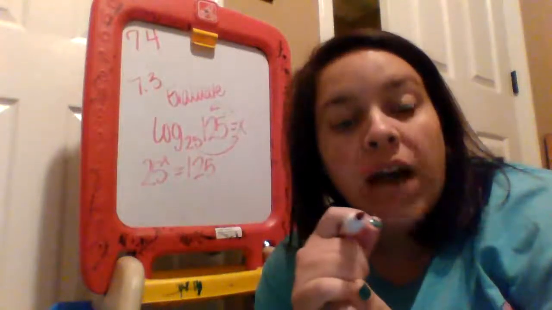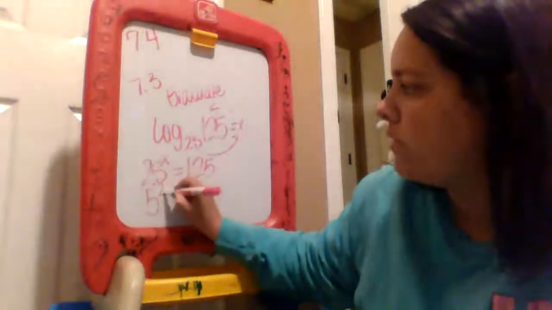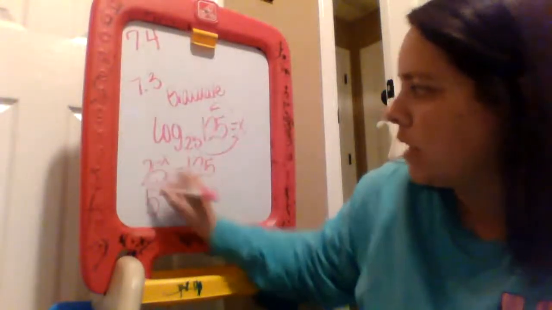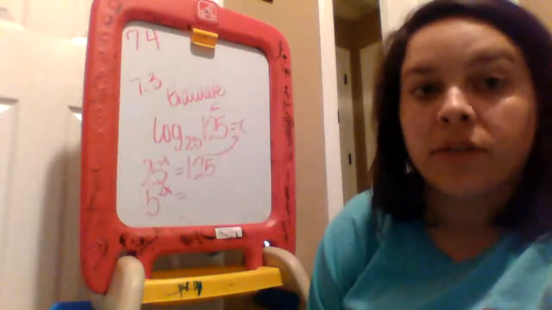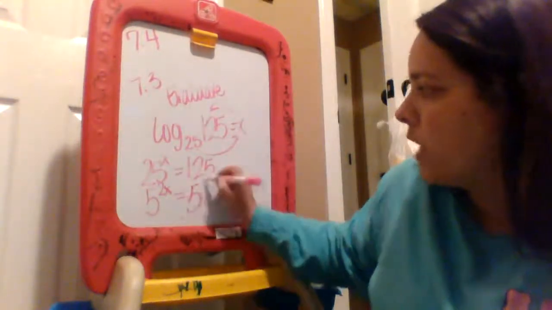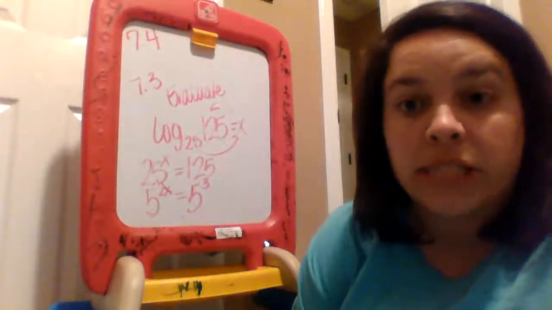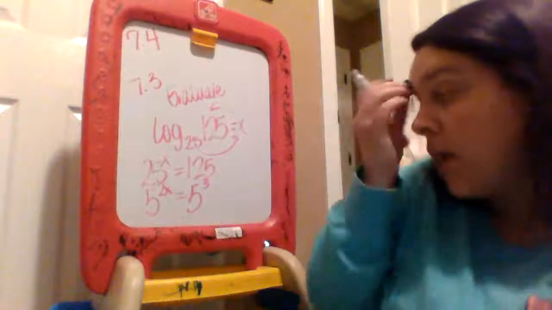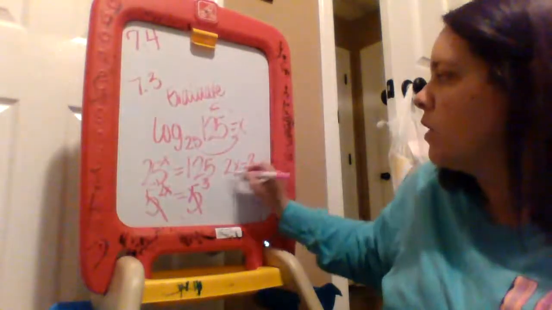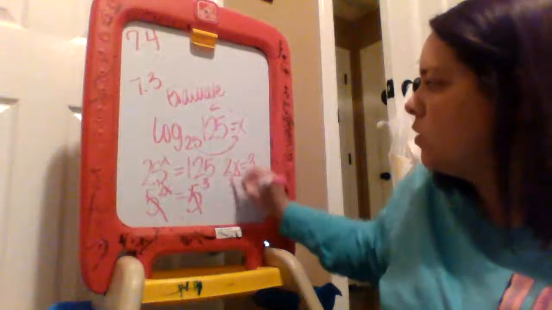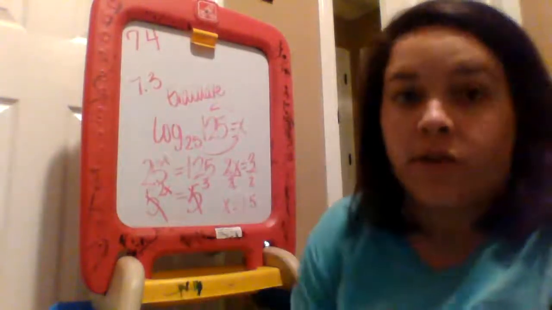We know that 5 to the second power makes 25, so I would change this to 5 to the 2x, because that's 25 to the x. And 125 is 5 to the third power, so we change that to 5 to the third power. Once they have the same base, they both have 5s, the bases drop off and the exponents are equal. So 2x equals 3, divide by 2, and x was 3 halves. You can make that 1.5, whichever you prefer.